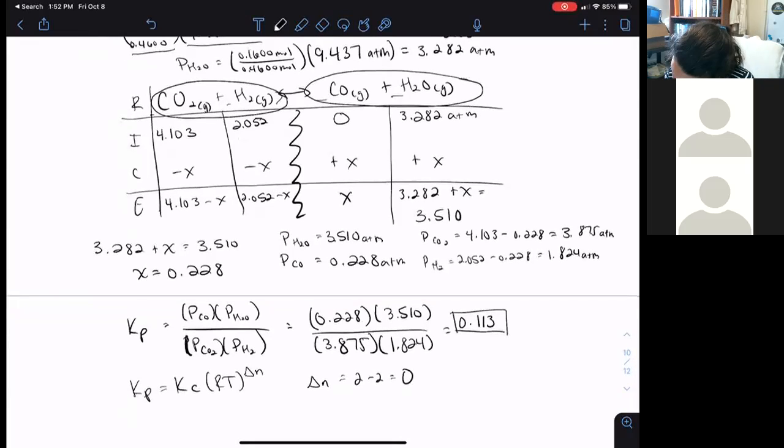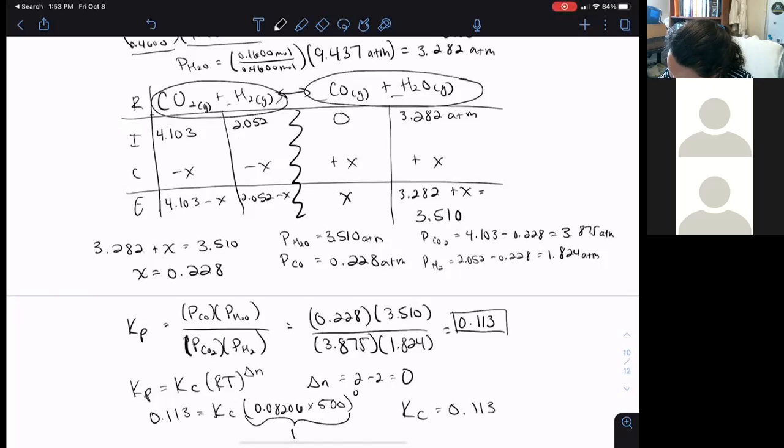So our Kp, 0.113, is equal to Kc times RT, where R is 0.08206 and T is 500, but it's taken to the 0. Anything we take to the 0 will just go to 1. So our Kc will equal our Kp in this case.